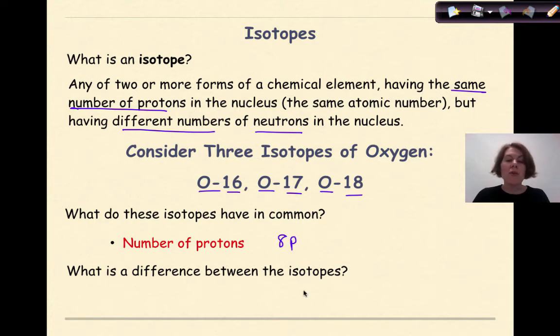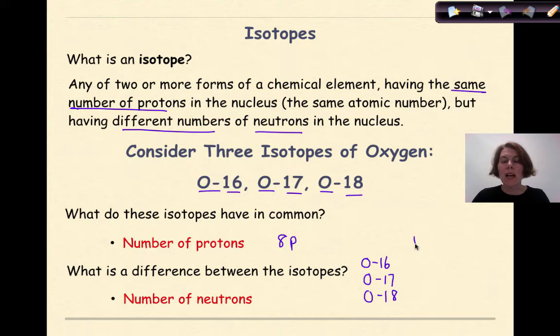So what is the difference between isotopes? Well, that would be the number of neutrons. So if I have oxygen 16, oxygen 17, and oxygen 18, for protons here, they're all going to have 8 protons, because if I change the number of protons, I change the element.